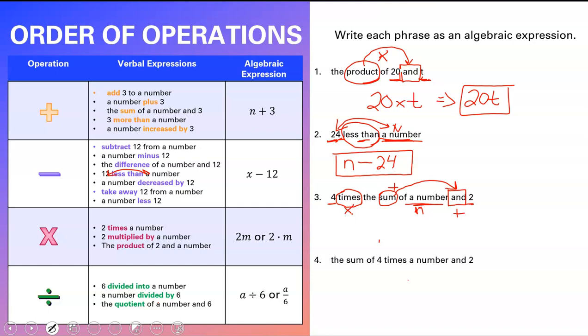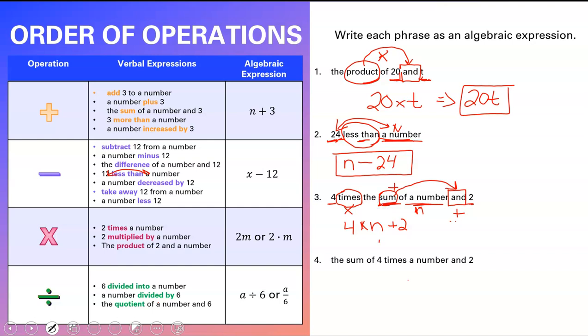Times, that's multiplication. Okay. Now writing it all out, starting from the beginning, we have 4 times the sum. Remember, we moved that addition over here. Okay. n plus 2. Now, be careful here, because the sum means I have an answer first.